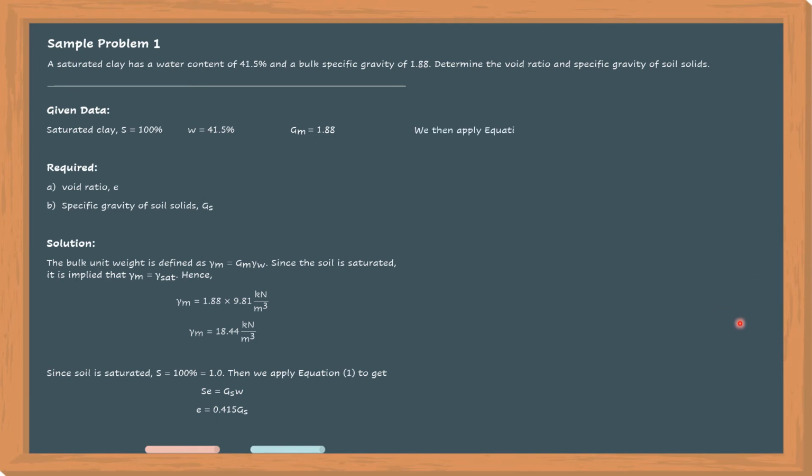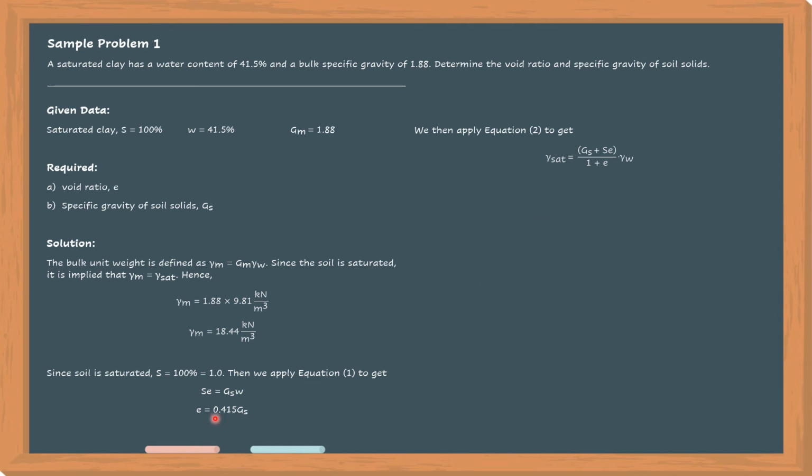We then apply equation x dot x, so another equation that you need to memorize, and that equation x dot x refers to this formula. Gamma saturated is equal to G sub S plus S times E over 1 plus E times unit weight of water.